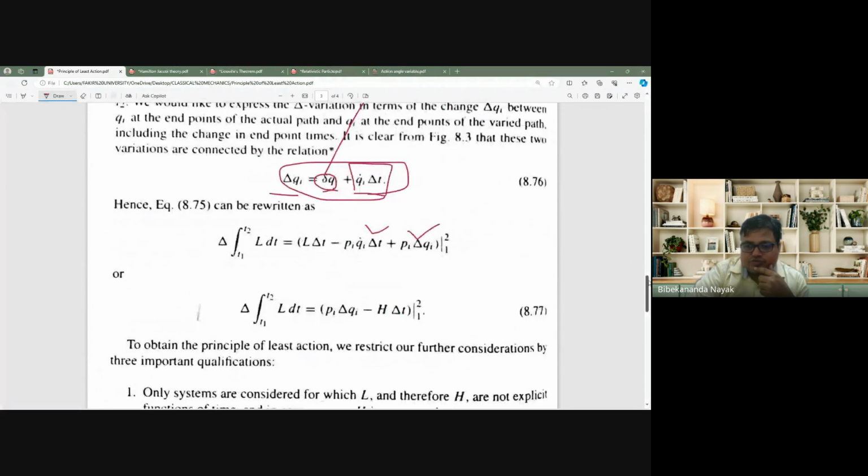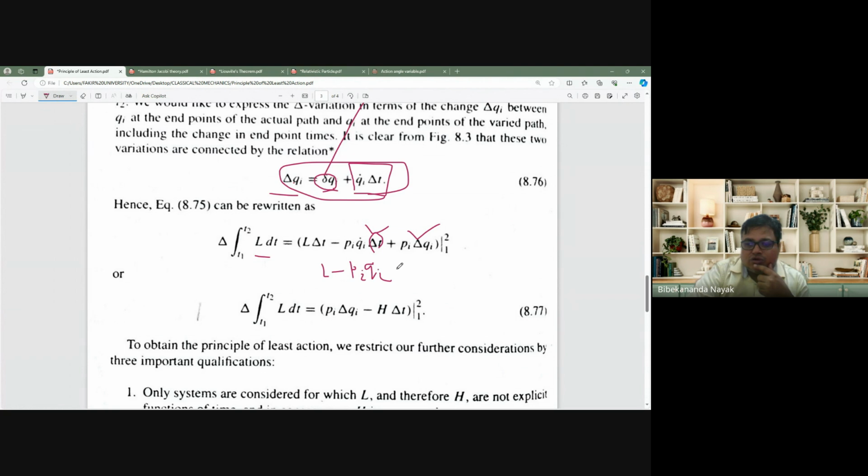But here see, this quantity, L delta T, if delta T is taken common, will be L minus Pi Qi dot. What is it?